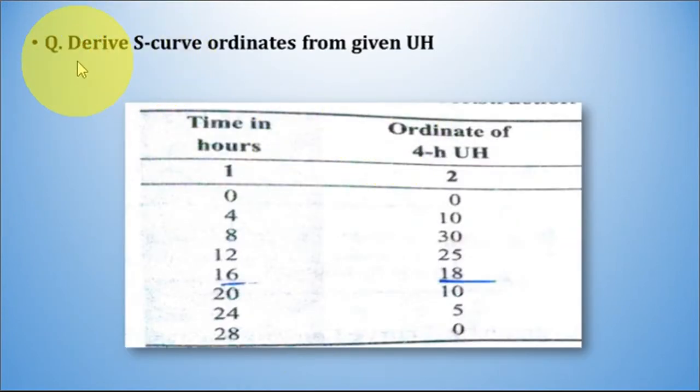So here is an example which asks you to derive S curve ordinates from a given unit hydrograph. Here is a table in which time in hours is given as 0, 4, 8, 12, 16, 20, 24, 28, and the corresponding ordinates of the 4-hour unit hydrograph are given as 0, 10, 30, 25, 18, 10, 5 and 0.